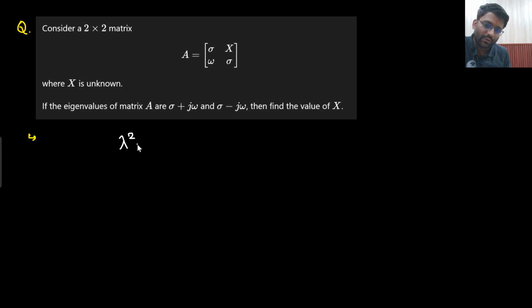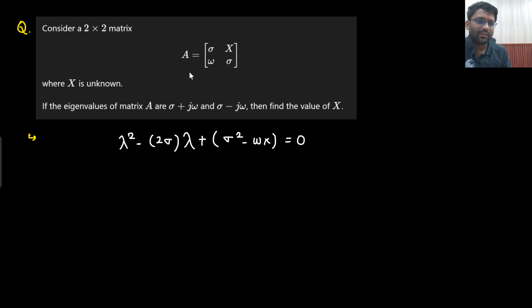The characteristic equation will look somewhat like this: lambda square minus trace of A into lambda plus determinant, so sigma square minus omega x.